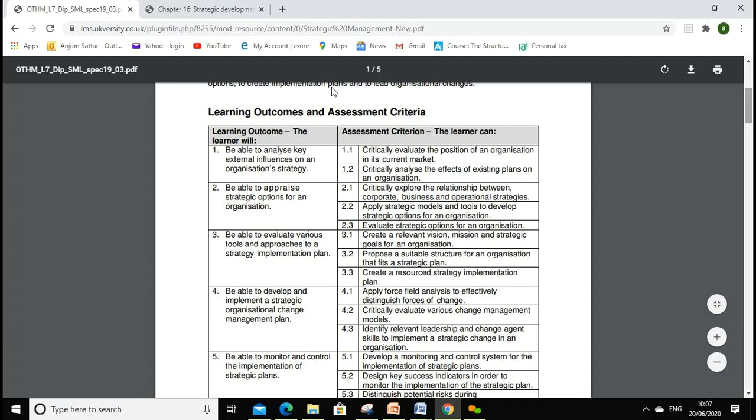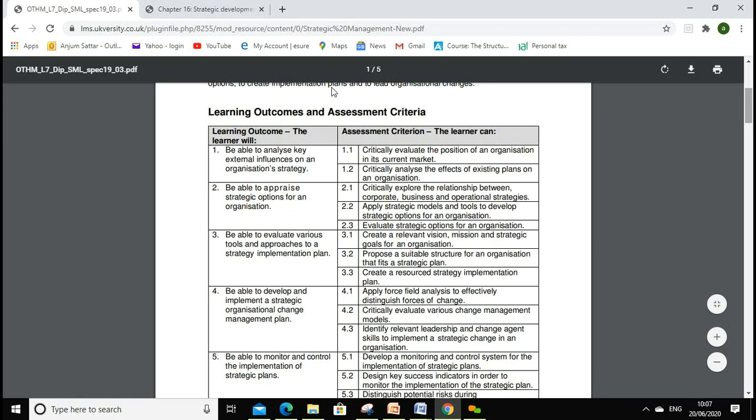Analyzing macro environment. Yes, we discussed micro and macro environment. The resources and competencies. BCG matrix, Boston Consulting Group matrix. Excellent, great. So we discussed mission, visions, values.